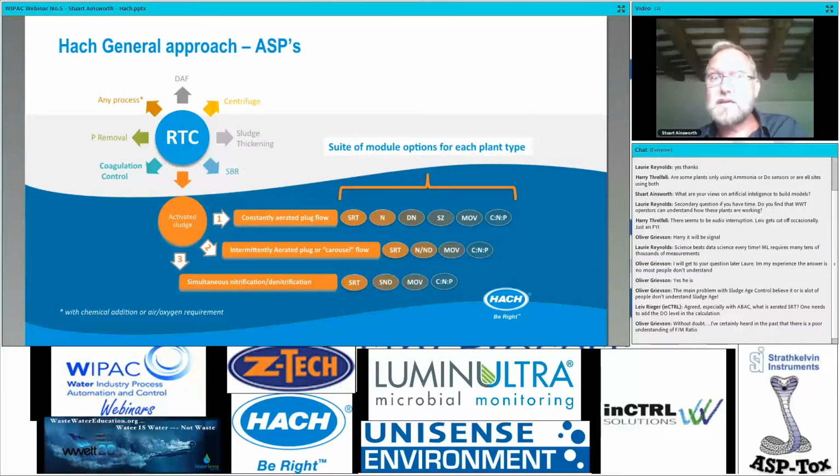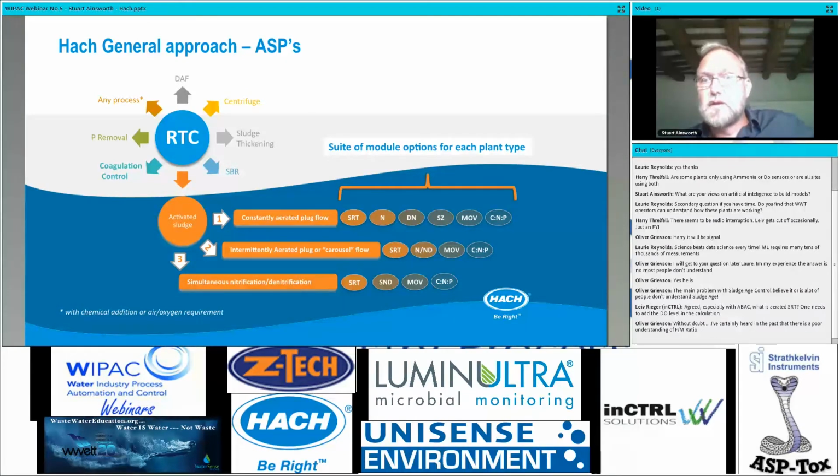We've got sludge applications around sludge thickening and sludge dewatering. We've got 5 separate approaches, more than 5 actually, for phosphorus removal. And if you've got a very unique problem, we've still got the capability to design an in-house bespoke solution.